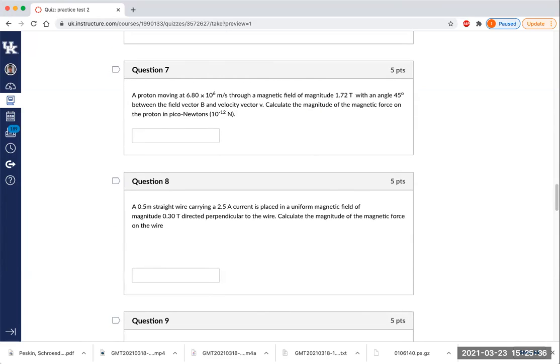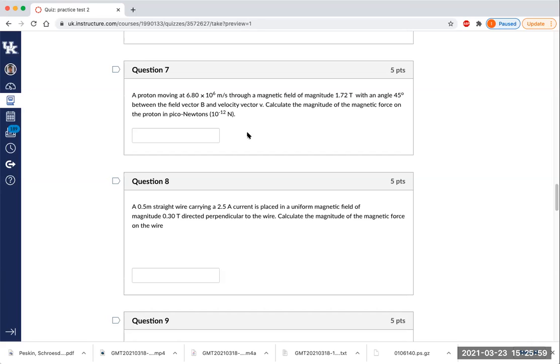Okay, question number 7. A proton moving at 6.8 times 10 to the 6 meters per second through a magnetic field that is 1.72 Teslas. And there's an angle of 45 degrees between the field vector and the velocity vector. We've got to calculate the magnetic force on the proton.